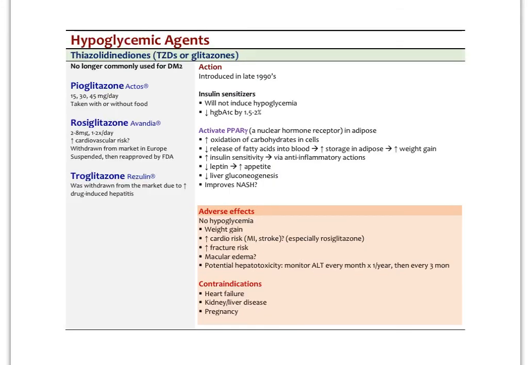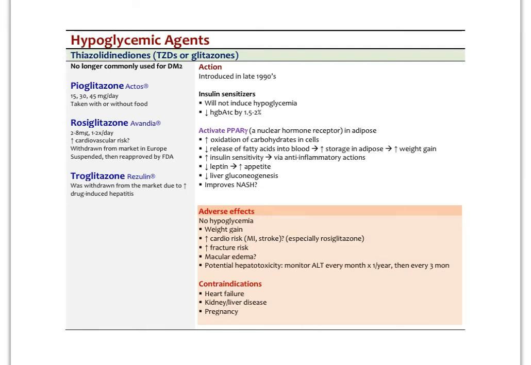So I just want to mention the TZDs or glitazones here. They again are less and less used. I do have a few patients that did not respond to metformin and the typical agents, and so their endocrinologist put them on a TZD, and that would be the pioglitazone or Actos. Rosiglitazone Avandia has been withdrawn from the market in Europe.